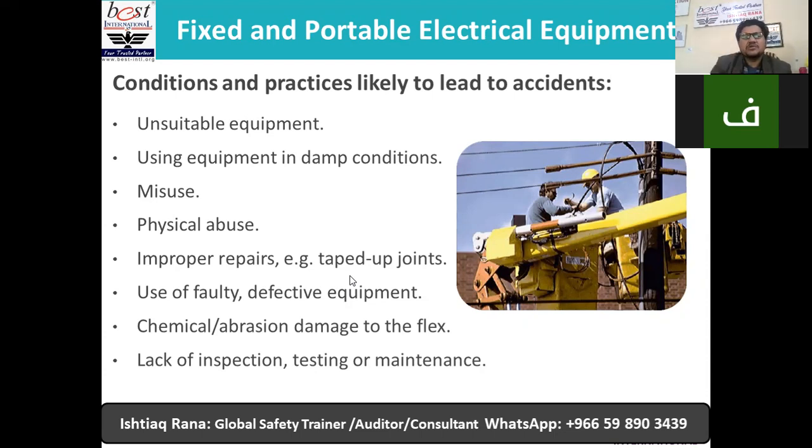I make sure to avoid any sort of joints, because if you use temporary joints and put tape, after a few months, especially in summer season, because of heat and some kind of environmental aspects, that tape wouldn't be resistible.